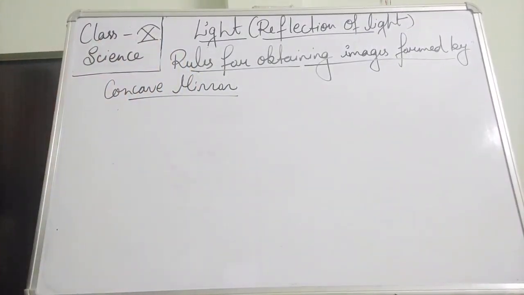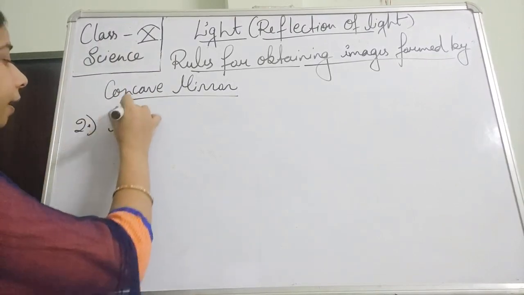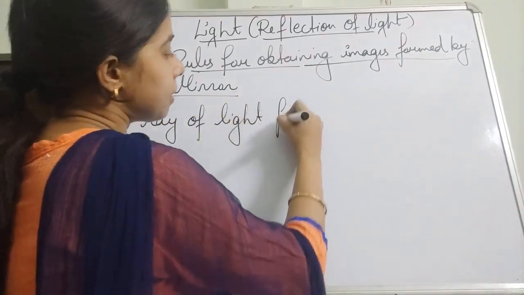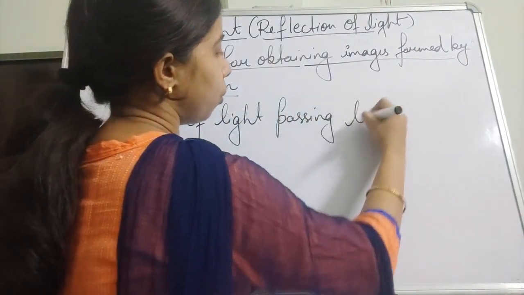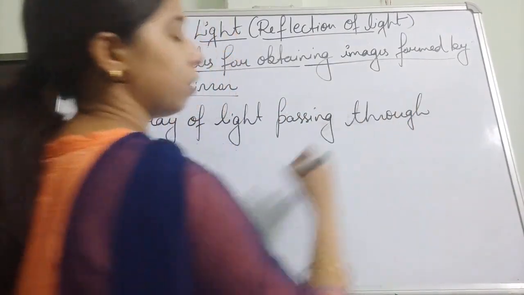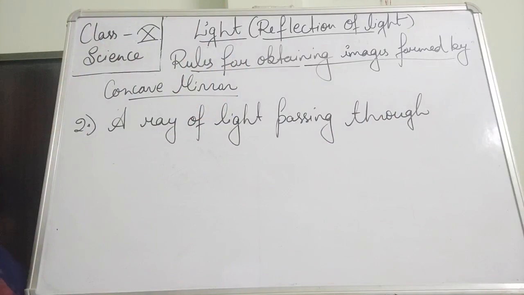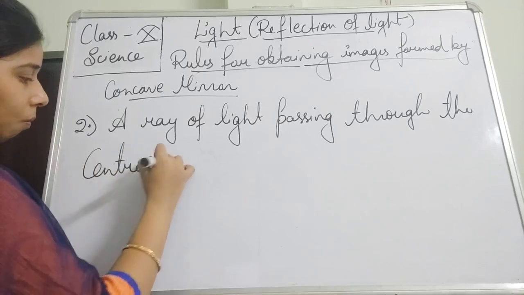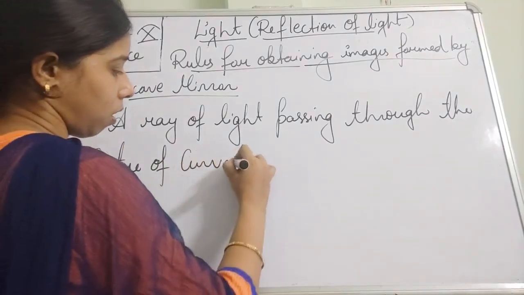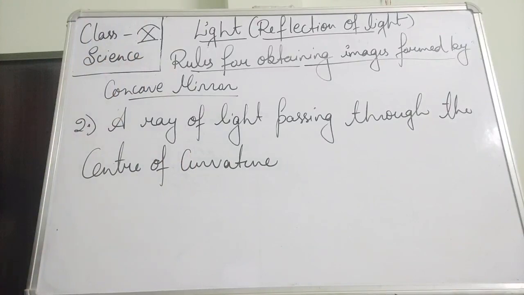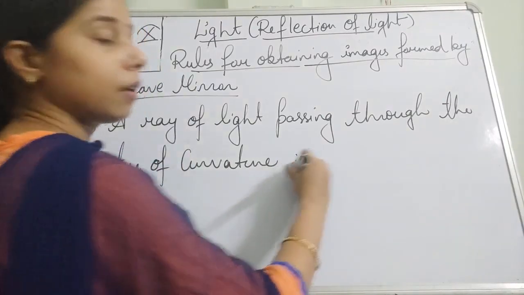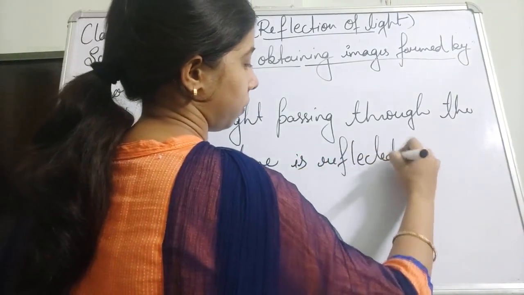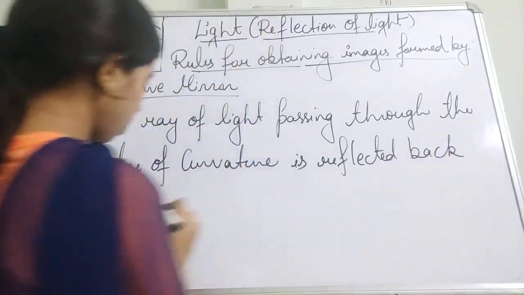Second rule is, a ray of light passing through the center of curvature is reflected back along the same path.